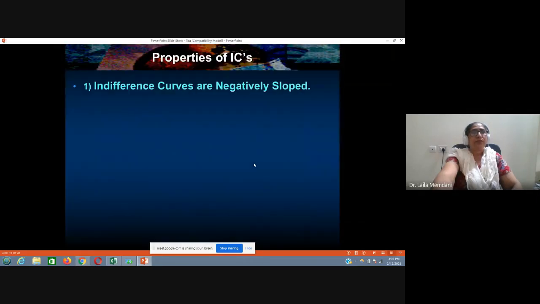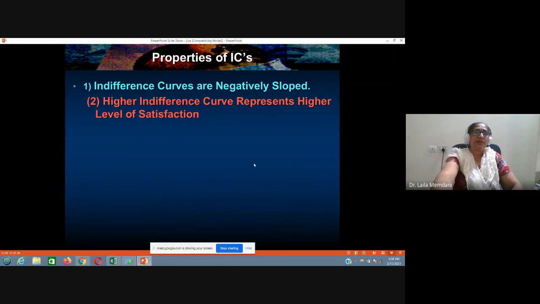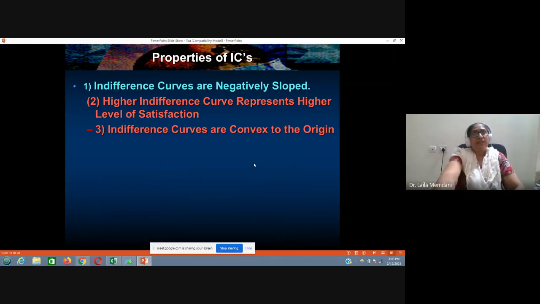Properties of indifference curves. They are negatively sloped, that is, downward sloping, and this implies that in order to get something more, you have to sacrifice something else. You cannot get more of both. In order that the person remains at the same level of satisfaction, you have to give up something in order to get something.